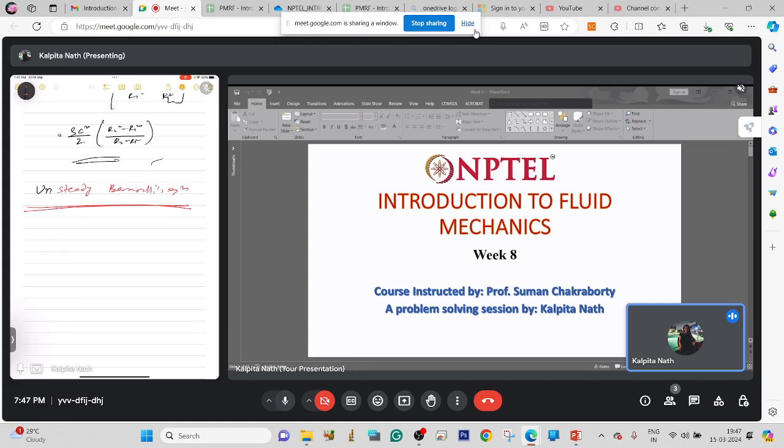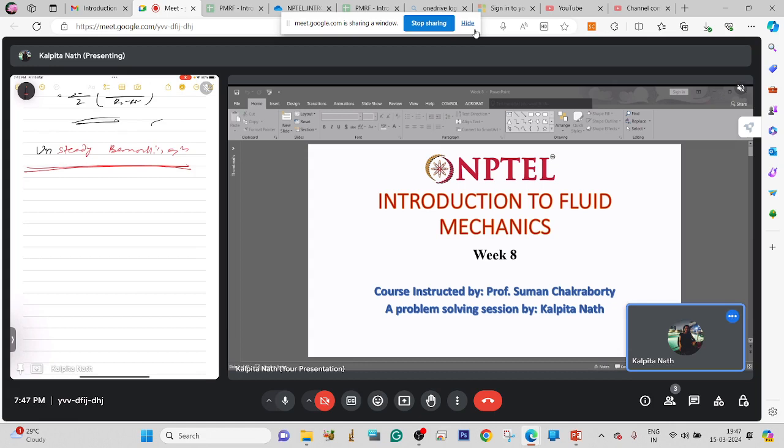Okay. So not always will the Bernoulli equation be steady, and the conditions will be steady as well. If we take a big, huge tank, and there is a small hole at the bottom, and there is a free surface, and here if we draw the streamline, it will go like this.